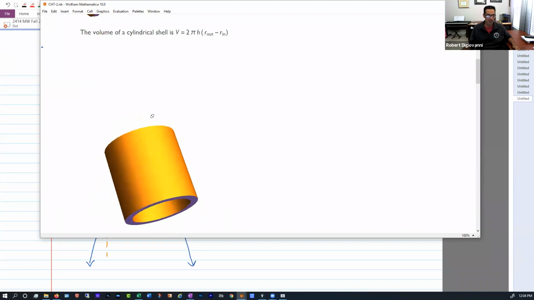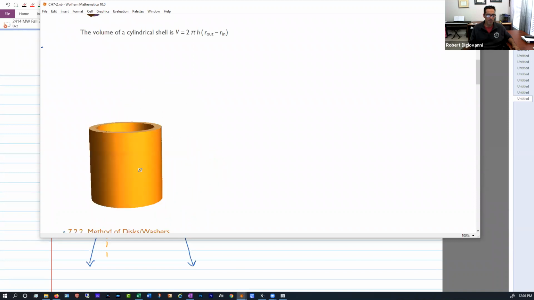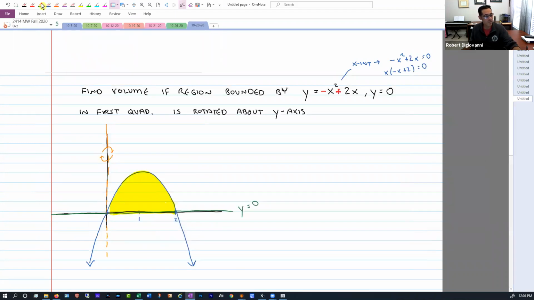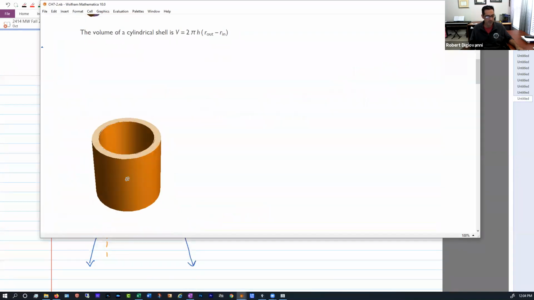This shape is what we would get if we used a vertical rectangle and wrapped it around the y-axis. It would not be a washer anymore. It would be this shell. Do y'all agree?